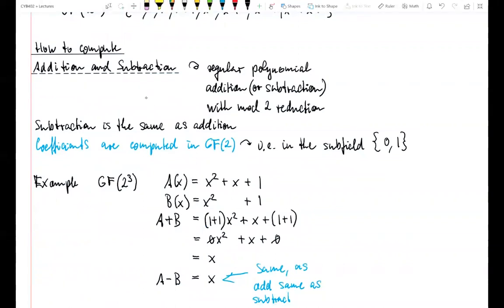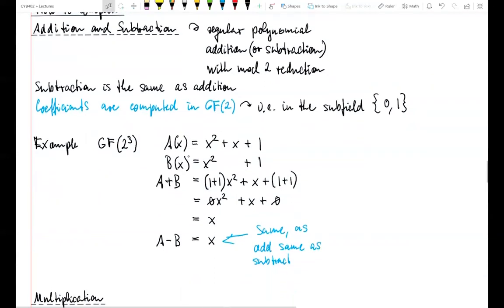And in the worst case, the coefficients add up to 2, in which case we need to modulo reduce them by 2. So coefficients are computed in Galois field 2, so in the subfield Galois field 2 with the elements 0 and 1.